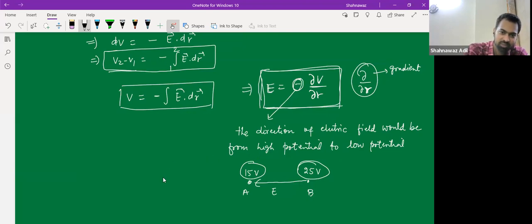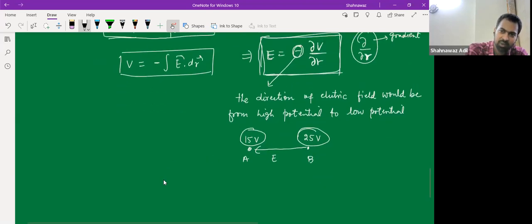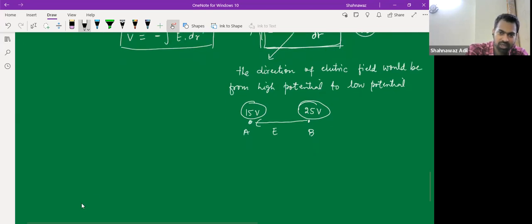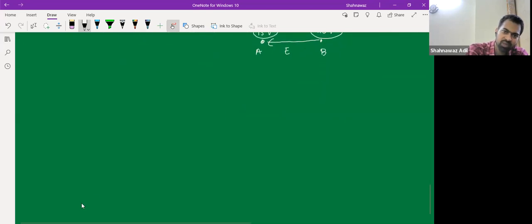So let's do some questions. What kind of question can be asked from this formula, from this concept? You would always be given some function of potential. Let's say V is 3x squared.